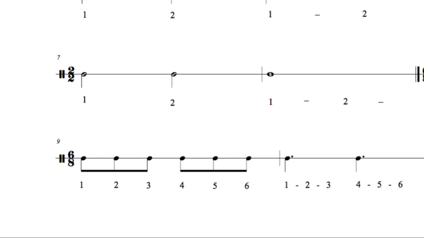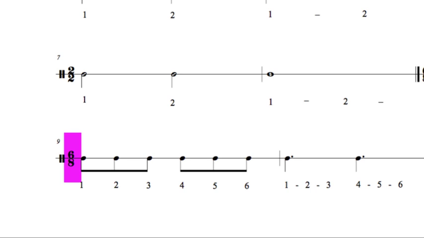The last one is 6/8. 6/8 means there are 6 beats per measure. The number 8 means eighth notes get one count. In 4/4 time, remember, eighth notes receive only half of a count.